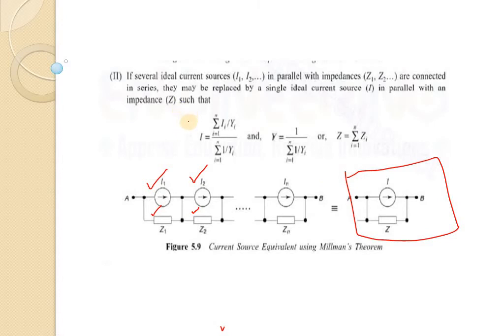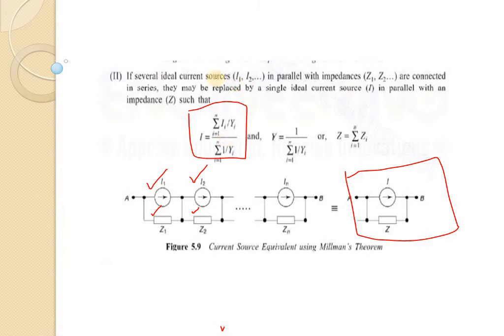Again Millman's theorem comes into the picture, and that is I equals summation of Ii divided by Yi, where i is 1 to n, the whole divided by summation of 1 by Yi where i is 1 to n. In that way, we can calculate the value of the single current source from all the current sources present in the network.